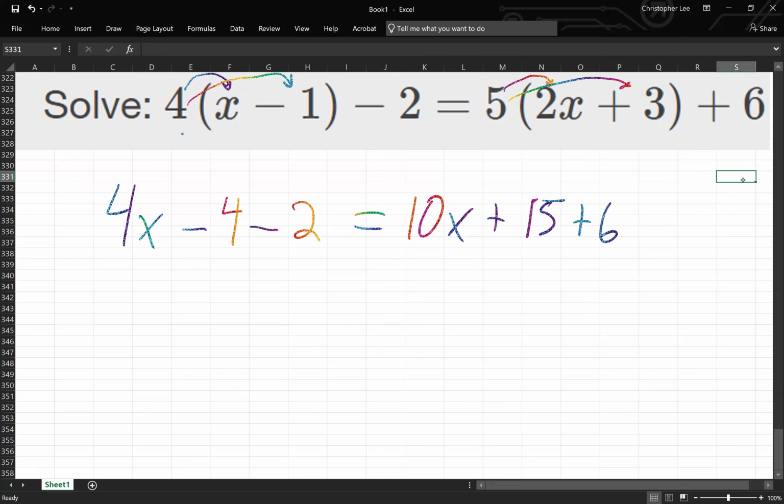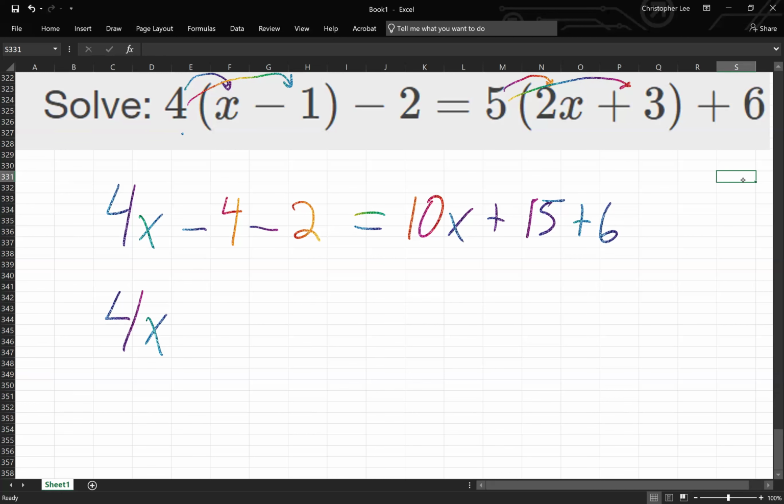Starts with a C. I should combine like terms, right? So now on the left-hand side, I have what? 4x. No, no, we're not at that step yet. I'm combining like terms. All right. So on the left-hand side, what is that going to be? It's 4x.